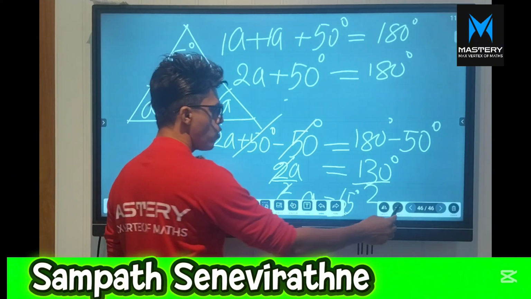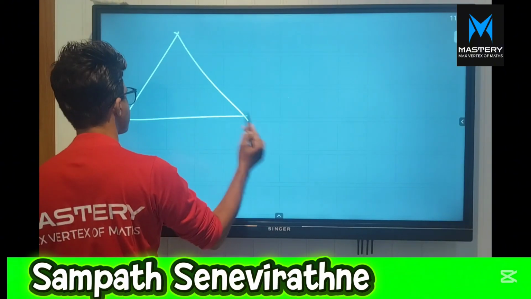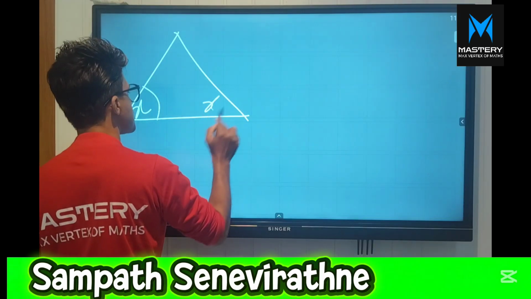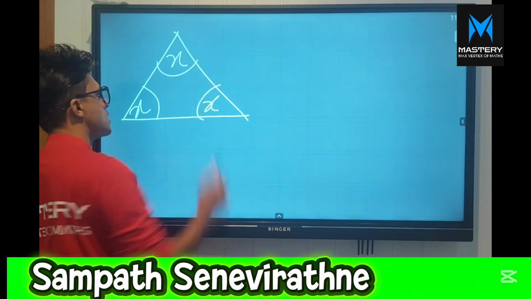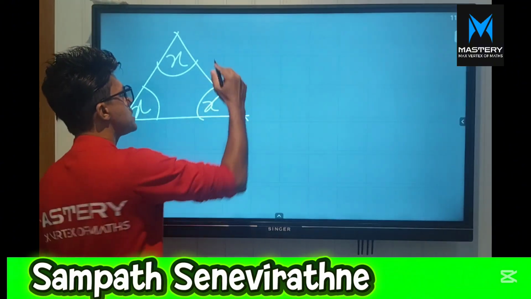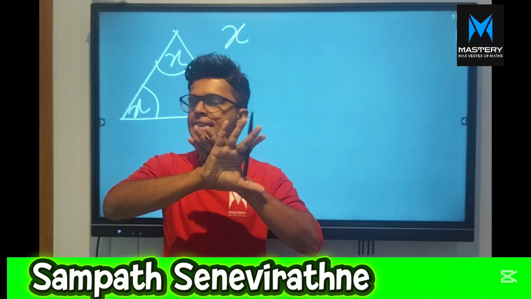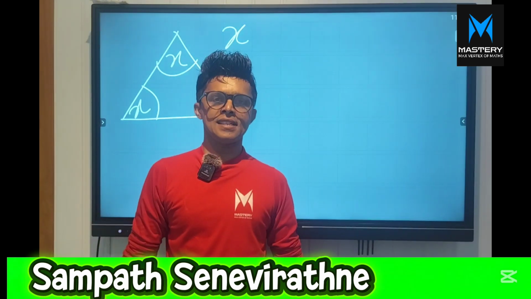So how do you do this one? This is x, this is x, and this one is also x. How to get the value of x here? You know that the sum of interior angles of any triangle is 180 degrees.